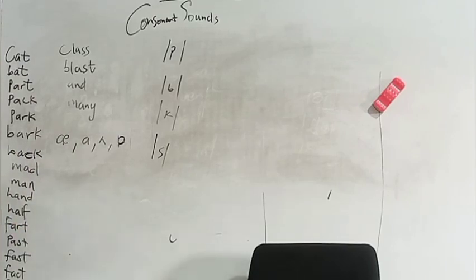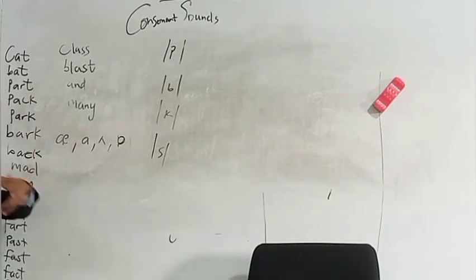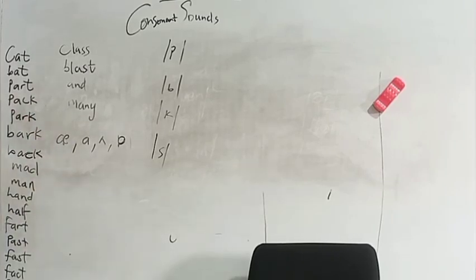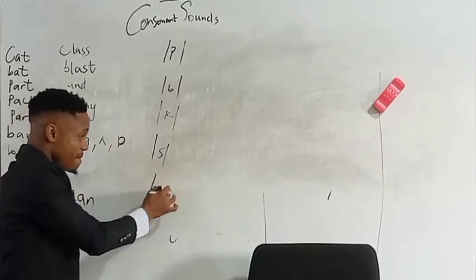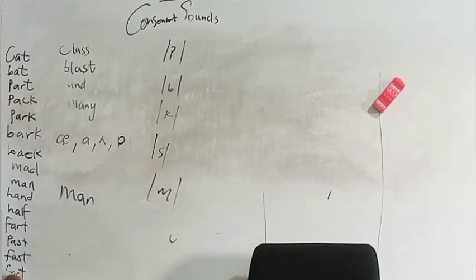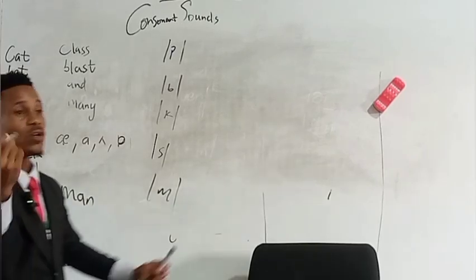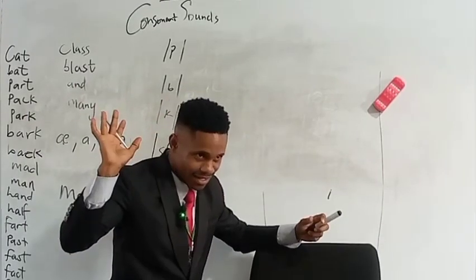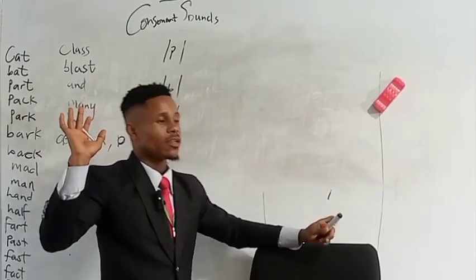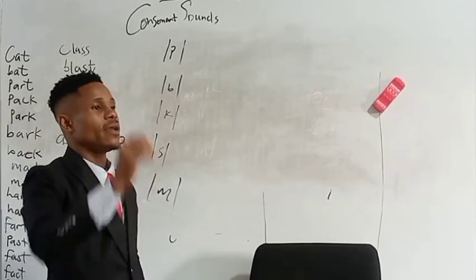So, for example, you say man, man, man. Already I have pronounced the consonants: mm, man. You want to say pack. You already hear a plosive sound trying to come out. Pack. And that's the letter P.